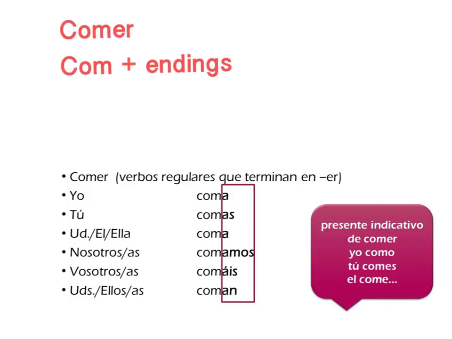Now, when we have verbs that end in er or ir, we use the same endings. We do the same thing. We get rid of er, and we add to the stem of the verb these endings.